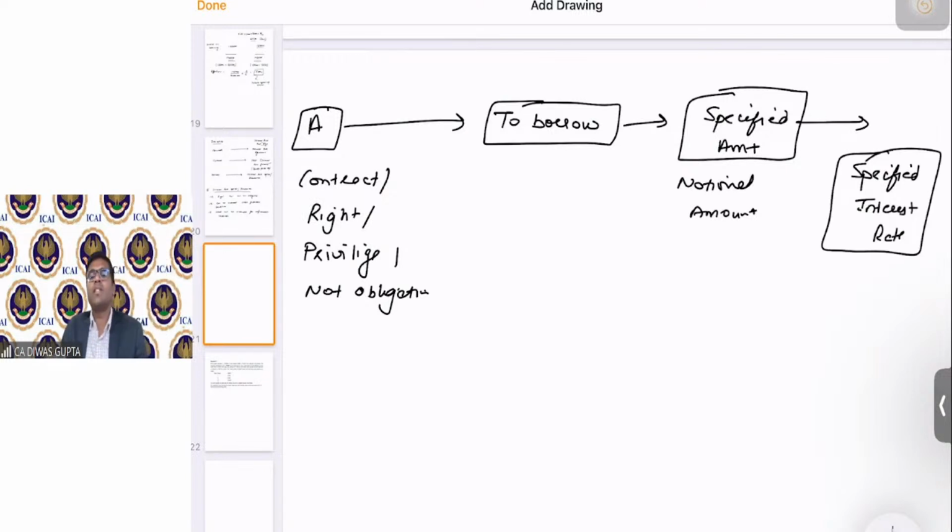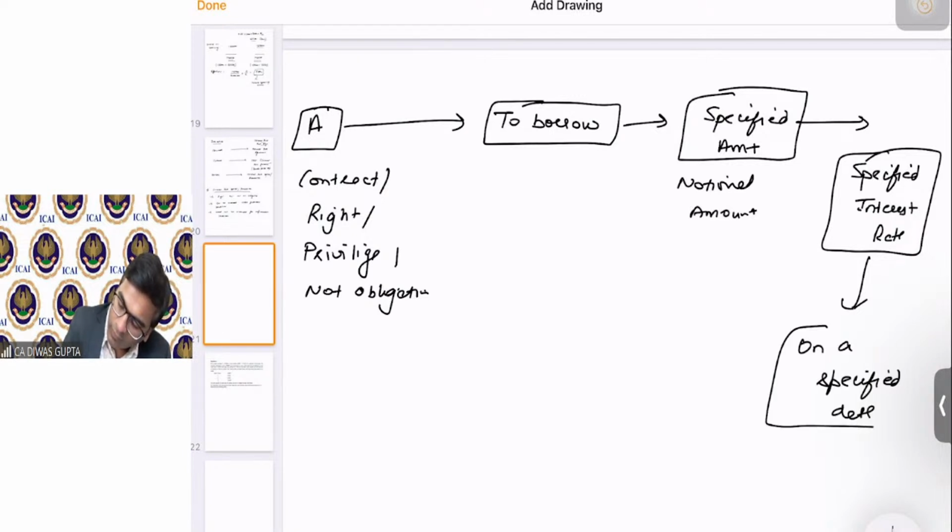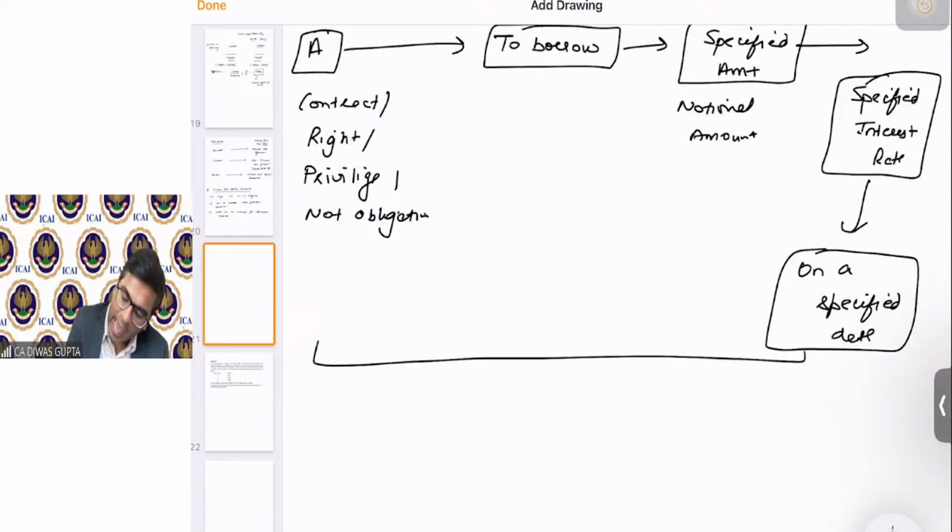So they will borrow a specified amount at a specified interest rate on a specified date. This is called a cap option. In derivatives, we used to call it a call option, right?